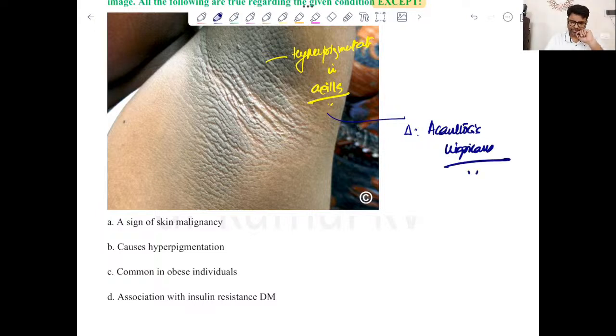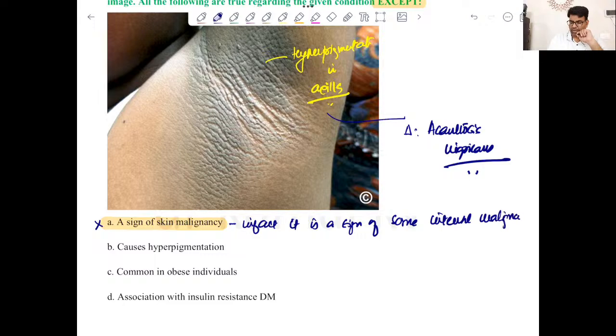And yes, Arush, you are absolutely right. It is not a sign of skin malignancy, right? In fact, it is a sign of some internal malignancies which are not related to the skin. And what are those internal malignancies?